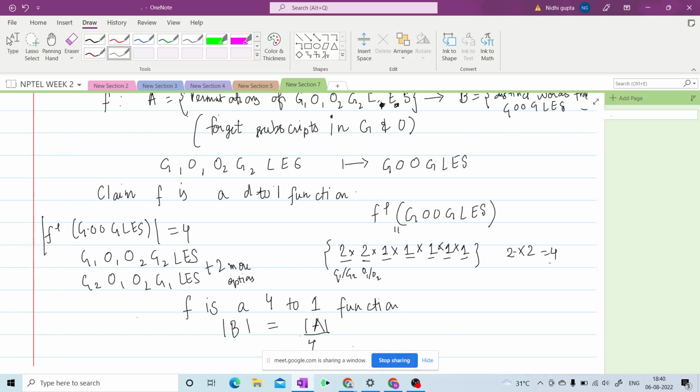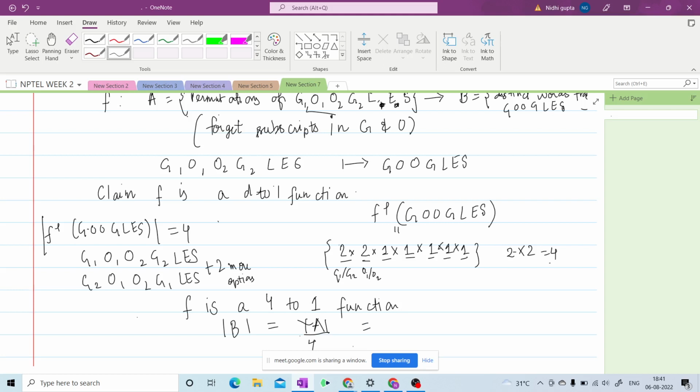So if F is a D to 1 function, the order of B comes out to be the order of A divided by D, because every element has 4 preimages. So the order of B is equal to the order of A by 4.